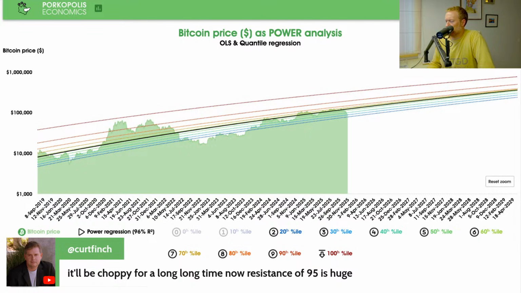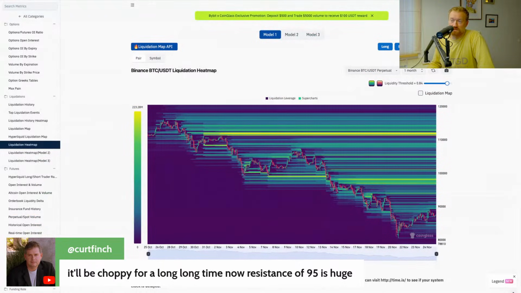Hold on. This is quite a nice, if you want to really get the short term of it, it's quite a nice little chart they put out for free.